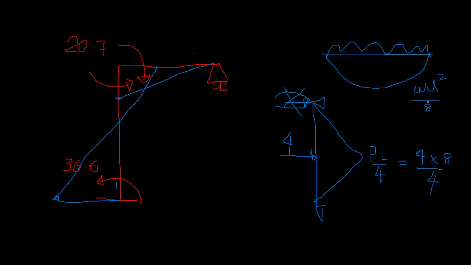So that's going to be W is 2, L squared is 6 squared over 8. 36 into 2 means 9. So there's going to be 9. Sorry, this is going to be 8.